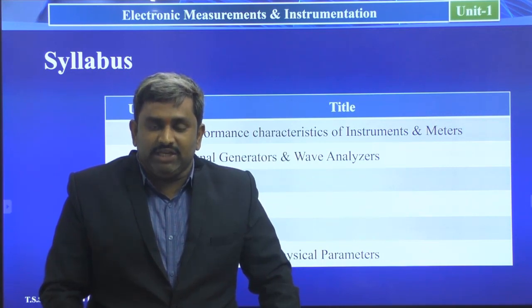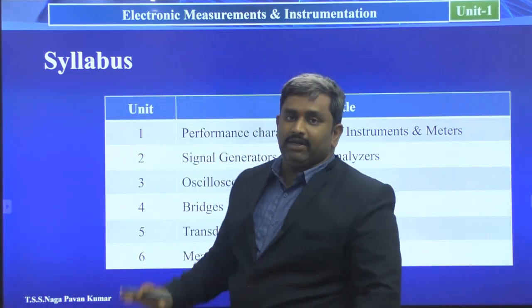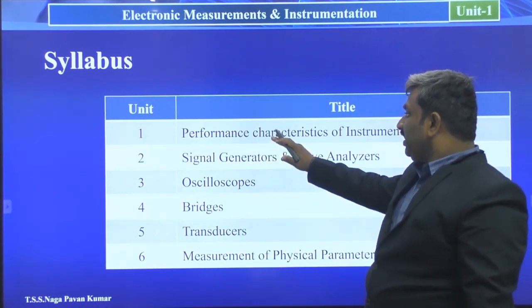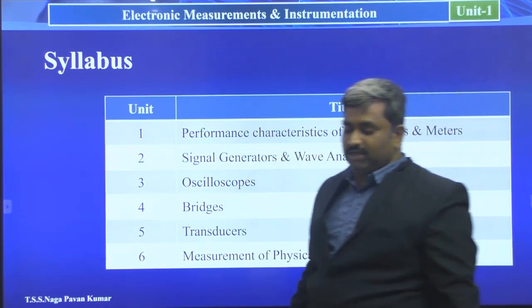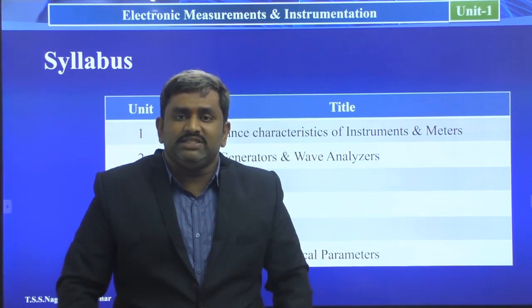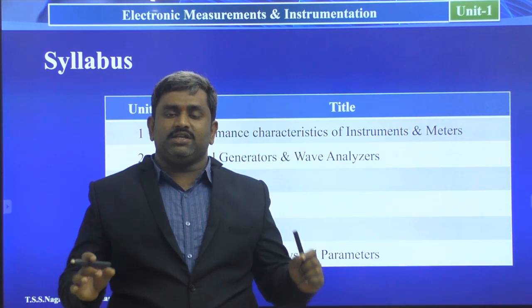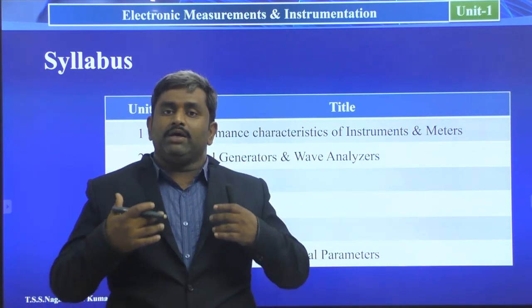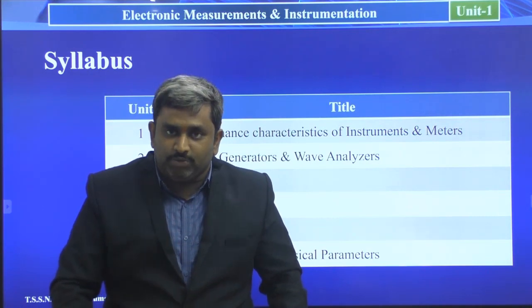Based on this information, the complete syllabus is divided into 6 categories. In Unit 1, we will see the performance characteristics of instruments. For any instrument, what are the generalized characteristics, and how can we estimate the performance of an instrument?